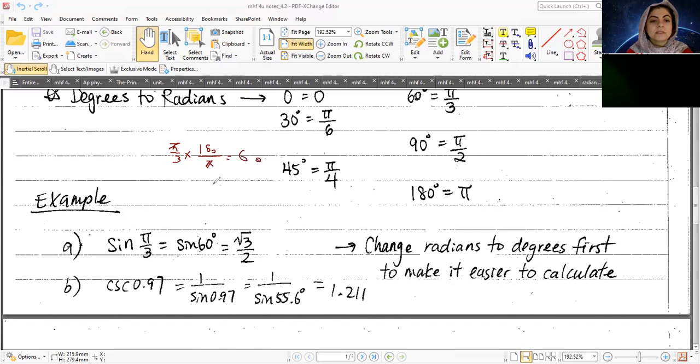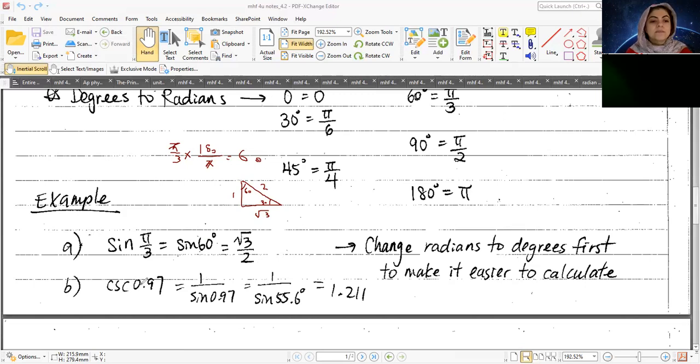So pi over 3 is 60 degrees. So what is the sine of 60? You have to draw that special triangle. Here is 60, here is 30. This is going to be the square root of 3, 1, 2. Sine is opposite over hypotenuse. Opposite is square root of 3 over 2. This is what you do.